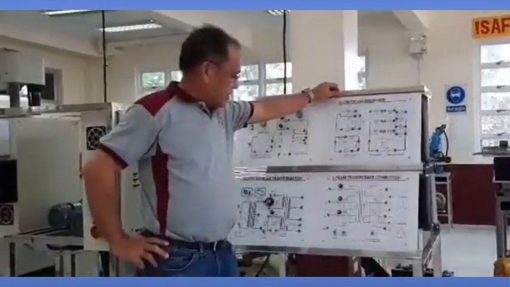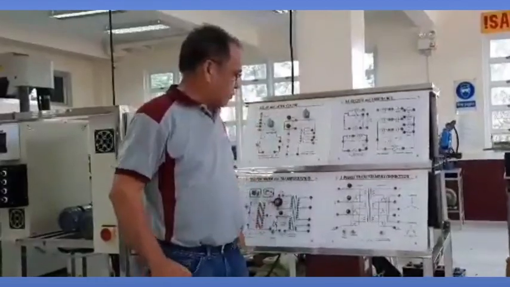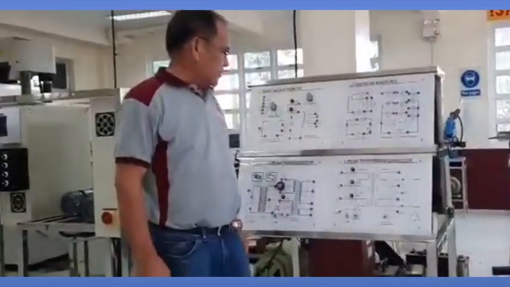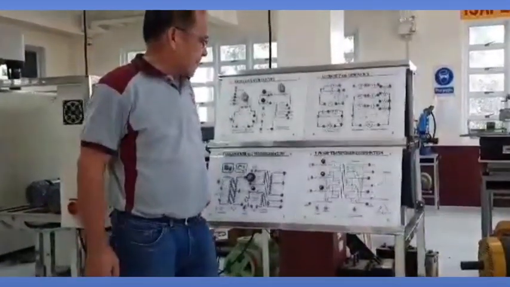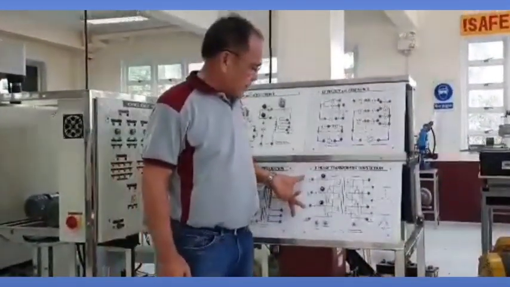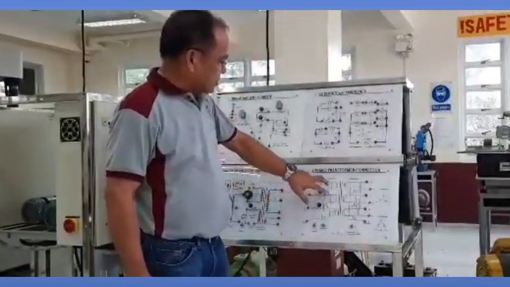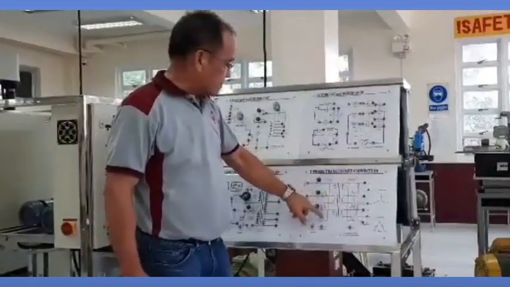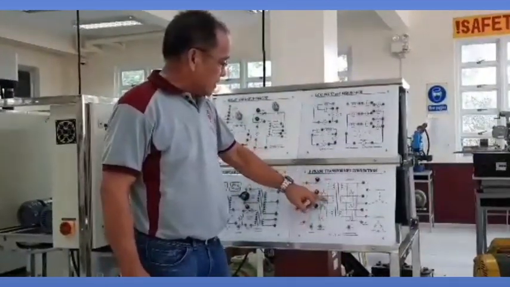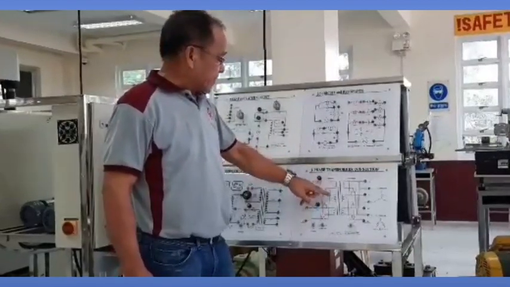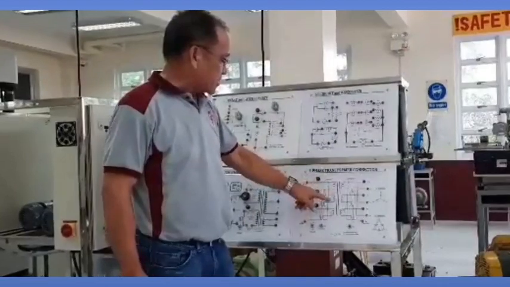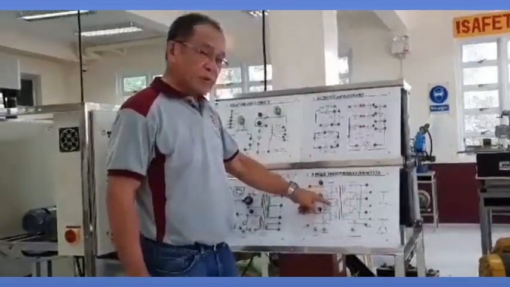The first activity that I will demonstrate to you is about the connection of three-phase transformers. You see, in this diagram, we have 3 sets of single-phase transformers. As you notice, in our previous discussion, these 3 single-phase transformers have been checked for correct polarity.